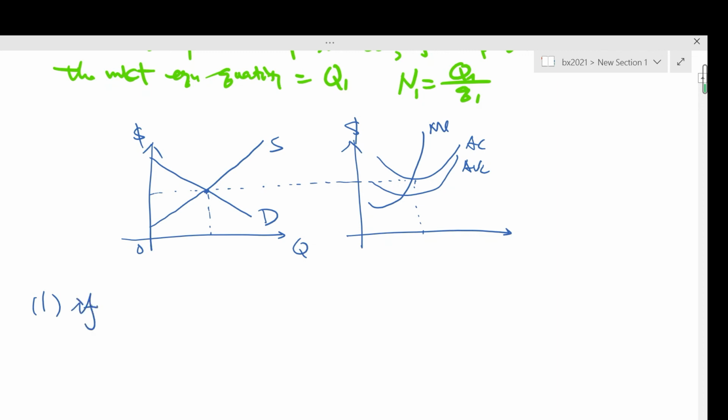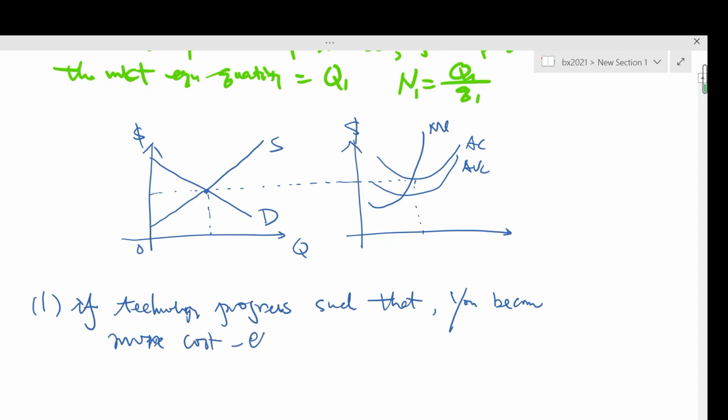So if for some reason you are the only firm in the market that has a technological progress, such that you become more cost effective, which means your cost function decreases, your cost shifts down. Compared with other firms, let's hold all the other firms' cost functions constant, the same.